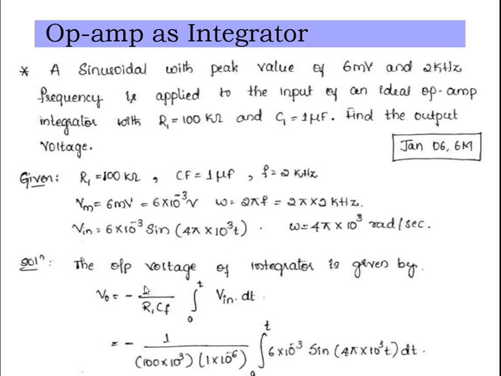The output voltage of the integrator is given by the output equation of the integrator: Vo is equal to minus 1 divided by R1 Cf times the integration from 0 to t of Vin dt.